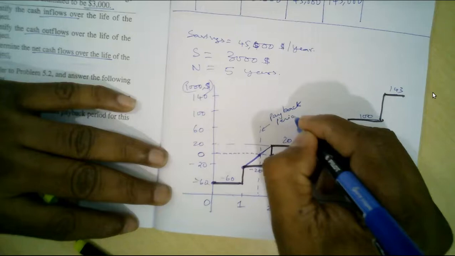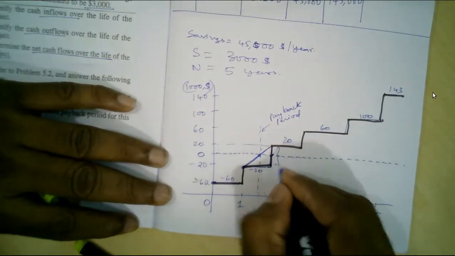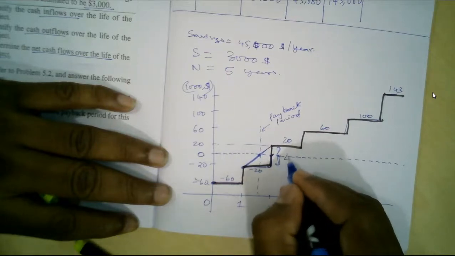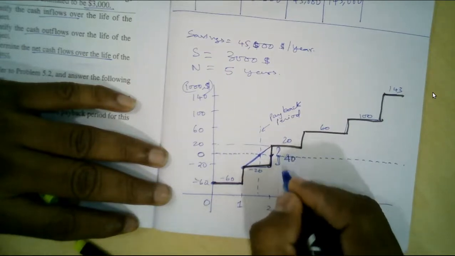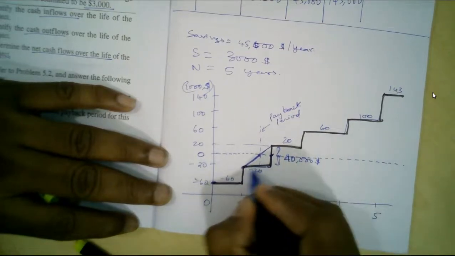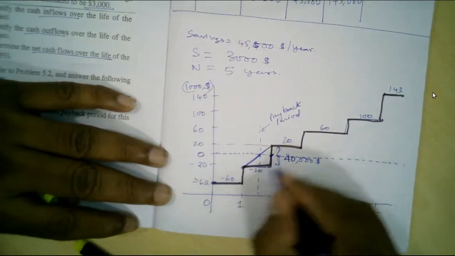Now, how do we calculate this payback period? So look at this height difference. So this height difference is how much? It is 40. So 40,000 is the height difference, right? So here it is minus 20 to 0. It will take exactly half. So you can simply take the ratio.